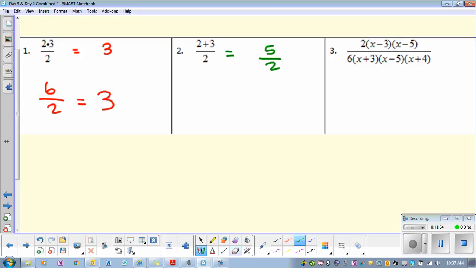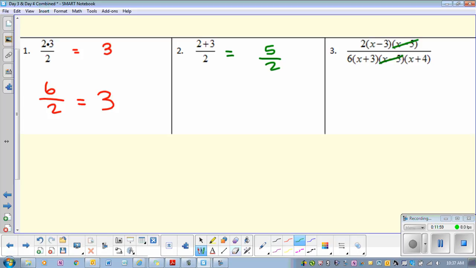So let's look at number 3. All right, if you see factors in parentheses, don't start breaking things up that are inside the parentheses. It has to be all or nothing, okay? So do you see anything here that's the same on the top and on the bottom? The entire parentheses. X minus 5. So then you know what?